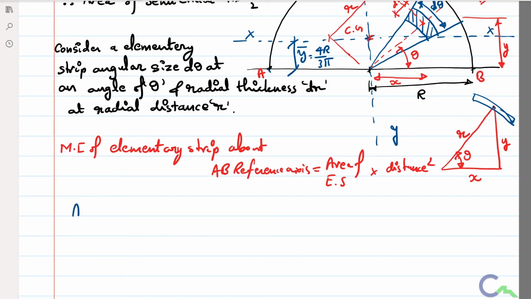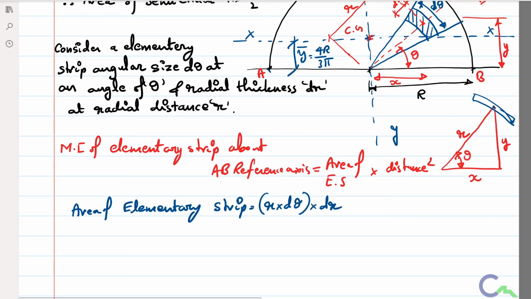So I will take the area of the elementary strip, arc length, that is r into d theta, into the thickness of the elementary strip, dr. Then I want this distance.